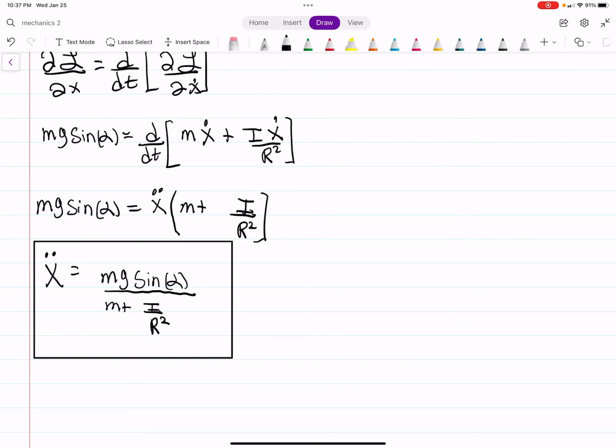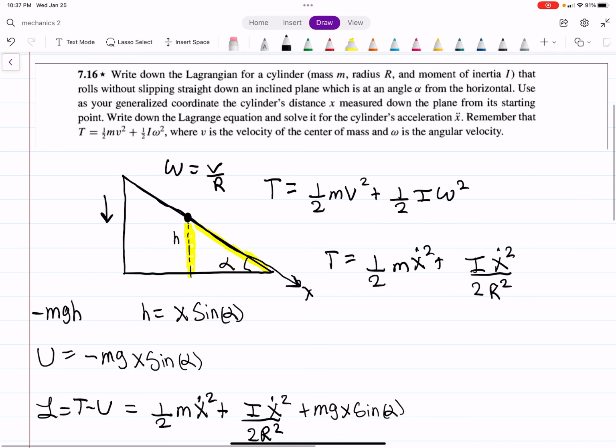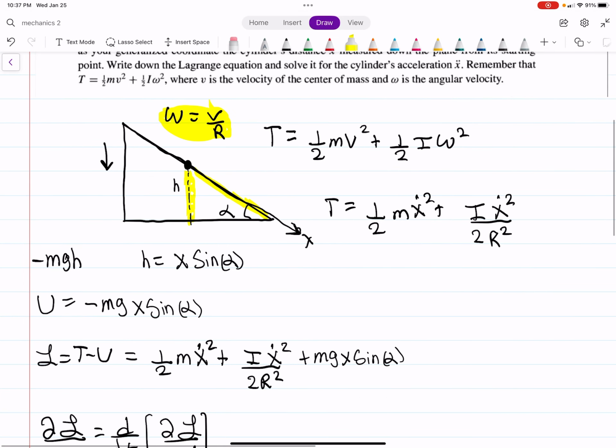We have an expression for our acceleration. So not too hard, I don't think. Again, like with any problem with Lagrange mechanics, the first two things you want to do are write down your kinetic and potential energy. In this case, we had rotational and translational kinetic energy. This is a good little equation to have down in your formula sheet in case you forget. Potential energy, we had to think for a second about that, but we have that down.